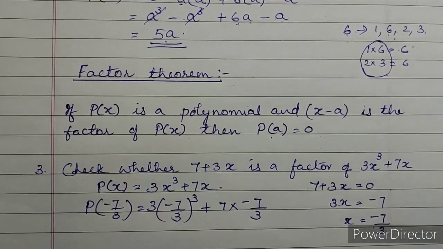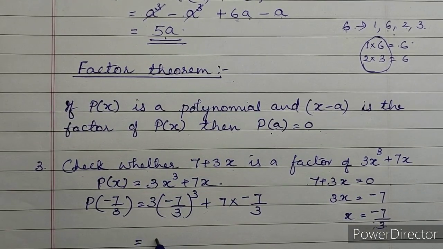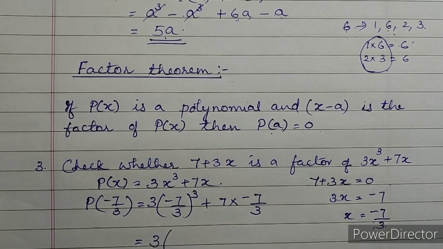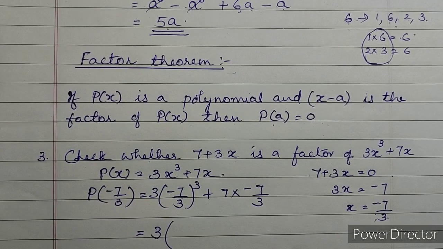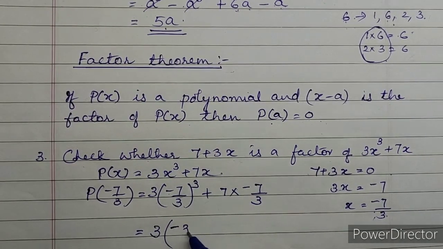That is equal to 3 into minus 7 by 3 cubed. If a negative is repeated three times, how much will it come? Negative into negative into negative. Negative into negative is positive, into negative again it is negative. So negative 7 cube, how much? 343.